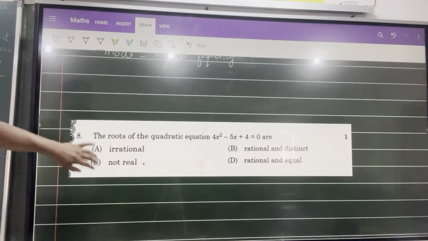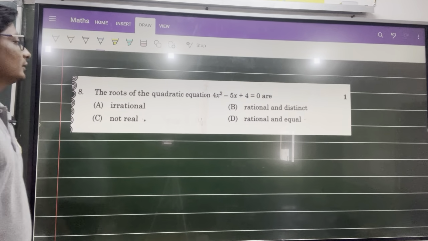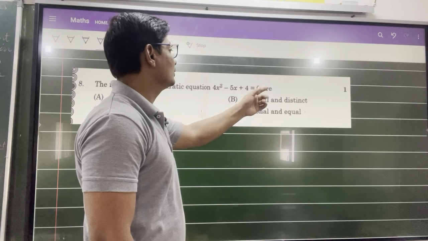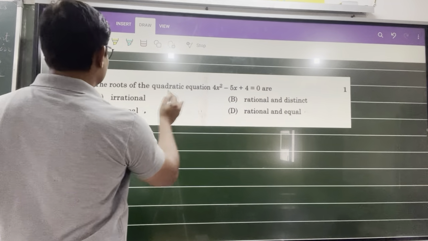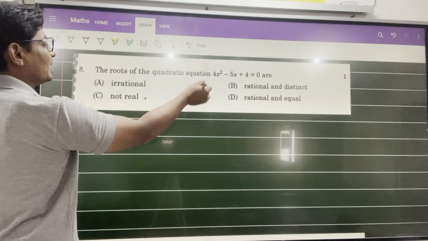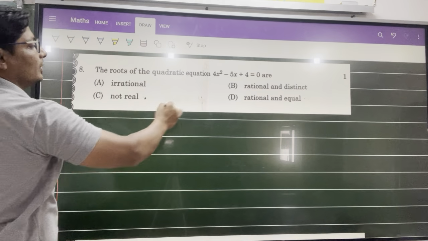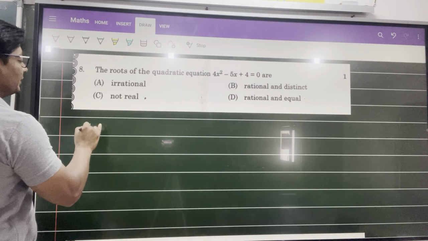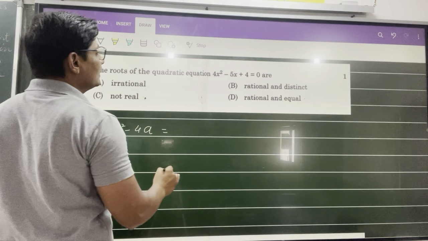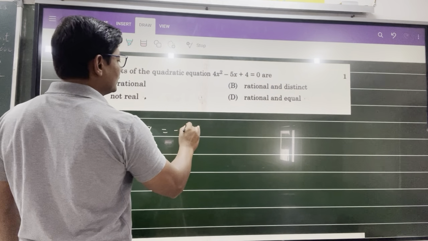Fine. Okay, so moving on to the eighth question. The roots of the quadratic equation 4x square minus 5x plus 4 equal to 0 are irrational, rational, not real. So here basically we need to check the condition for the discriminant. Based on that we will be able to select the correct option. So discriminant is given by b square minus 4ac. So b is nothing but minus 5 here.